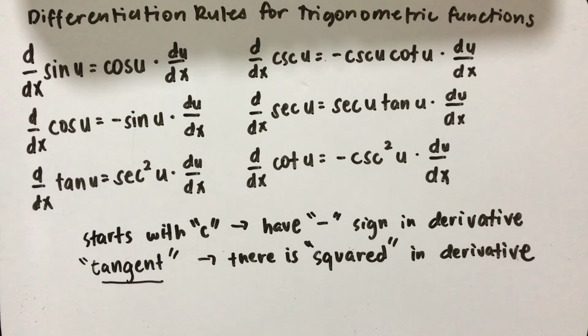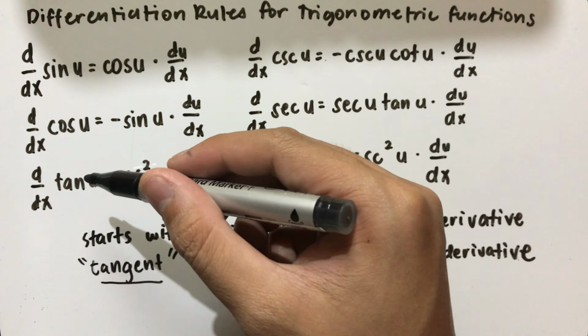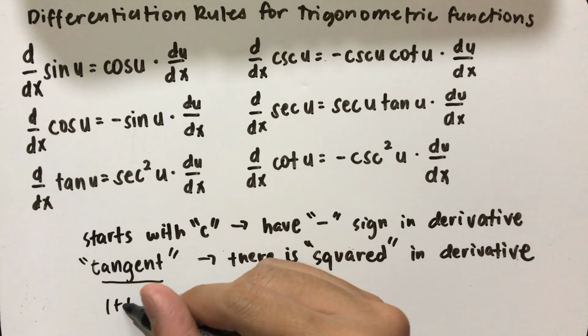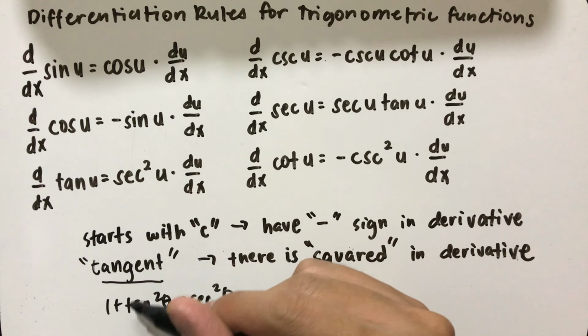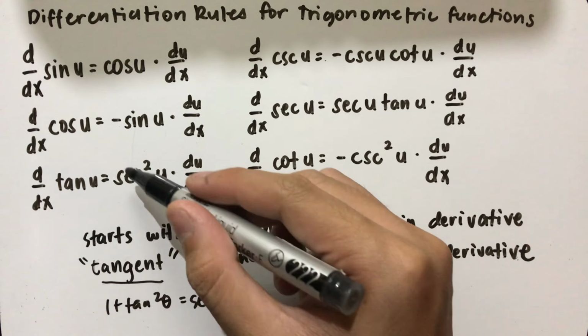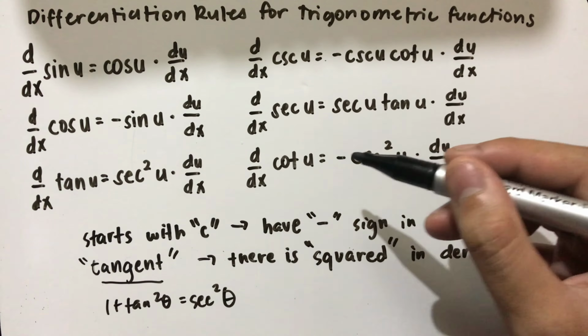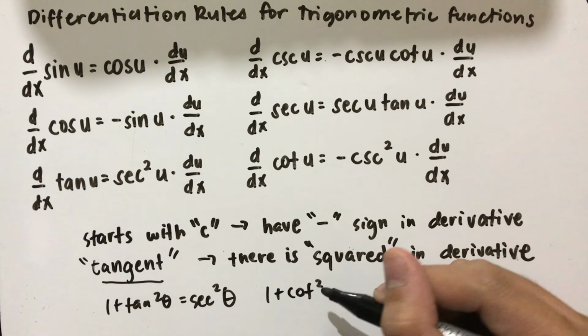Notice that the derivative of tangent has secant in it. If you remember the Pythagorean identity, 1 plus tangent squared theta equals secant squared theta, the partner of tangent is secant. So if you remember the identity, you might easily remember the derivative of tangent. For cotangent, the partner in the identity 1 plus cotangent squared theta equals cosecant squared theta is cosecant.